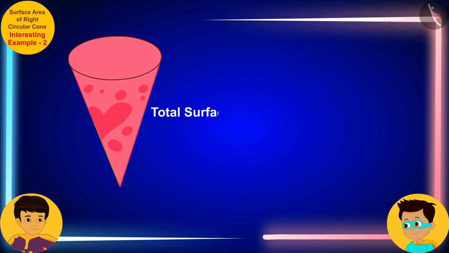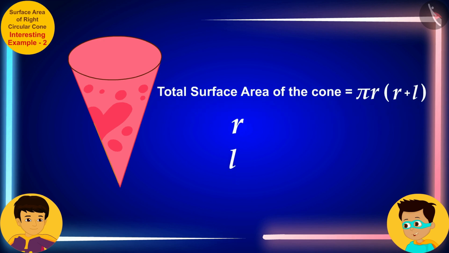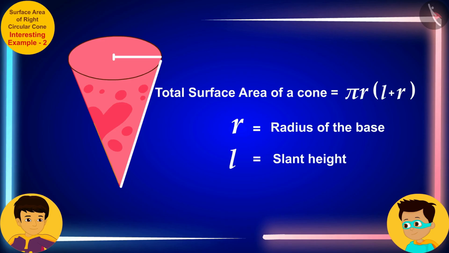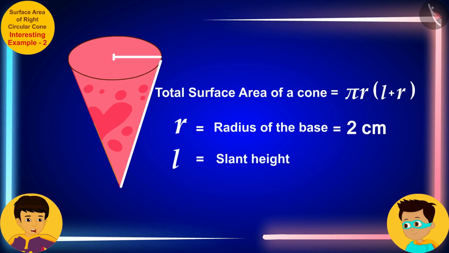The total surface area of the cone is equal to the product of pi r and the sum of r and l, where r and l are the radius of the base of the cone and its slant height respectively. The radius of the ice cream base is 2 centimeters and its slant height is 12 centimeters.